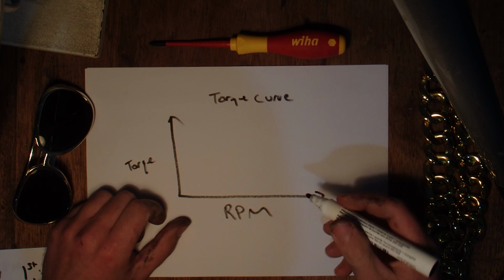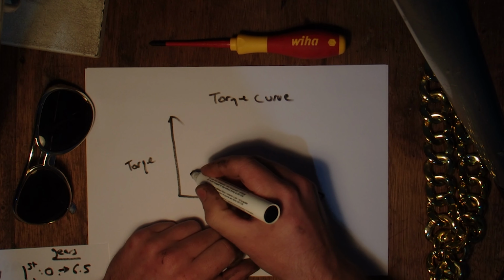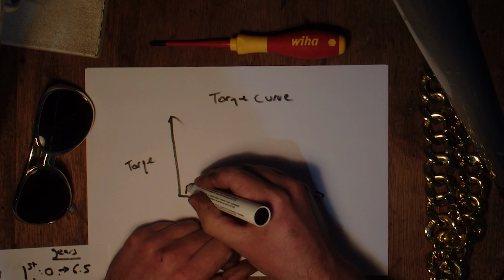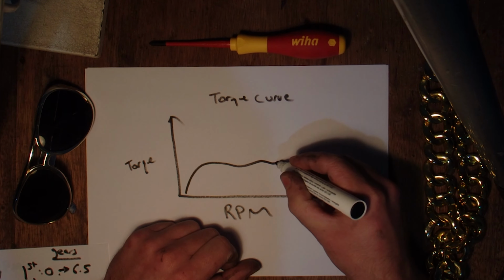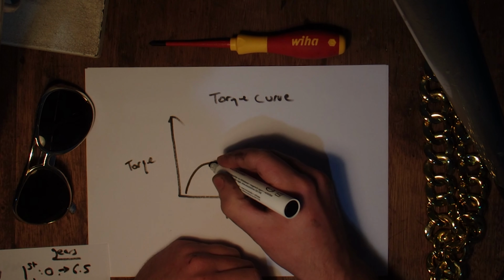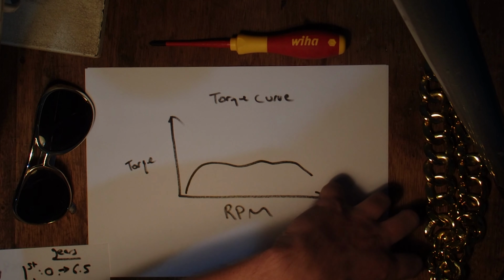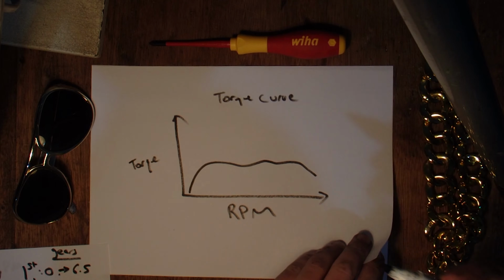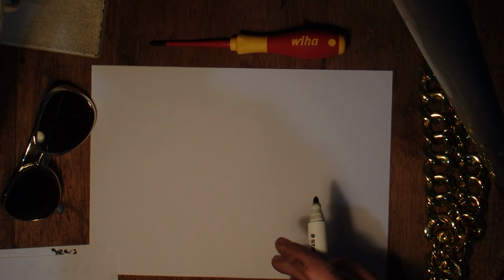Let's go on. And so your torque curve might look like, really low down here where the engine's not very efficient. Let's say it looks something like that. No, let's do something a bit more crazy, actually. Let's try again. So that'd be like a really well-tuned engine kind of thing.